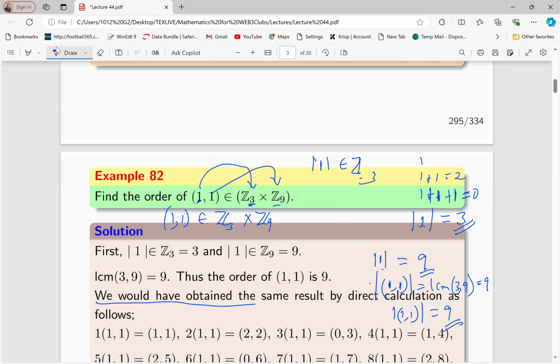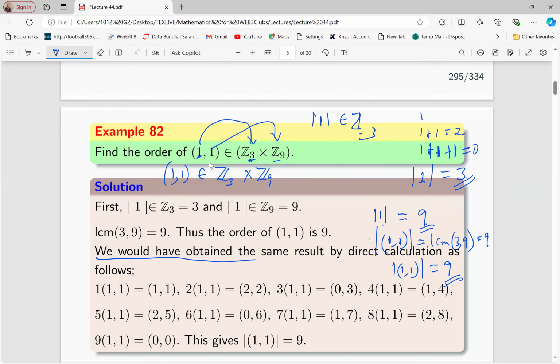So from the word order, we understand what it means. We have two additive groups here, Z3 cross Z9, and the question is, what is the order of (1, 1)? So our answer is, how many times are you going to add (1, 1) to itself to get (0, 0), the identity?